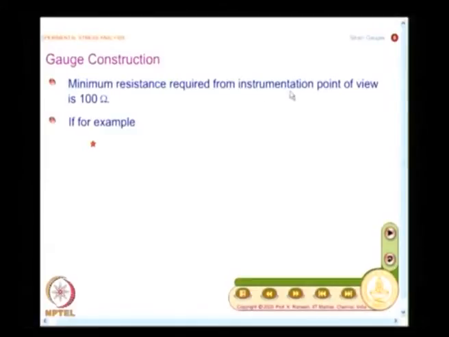That is how you will have a thumb rule. When you are designing an experiment, at least 100 micro strain should be developed at the point of interest for you to reliably measure. So, from the instrumentation point of view, what is the minimum resistance that you have? Reasonable to assume that you need about 100 ohms.